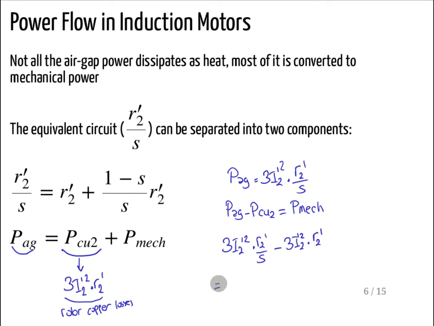If you do that, this is a common component of 3 I2 prime square. These are common components. R2 over S minus R2 is equal to R2 prime times (1 minus S) over S. Again, that is the mechanical power.